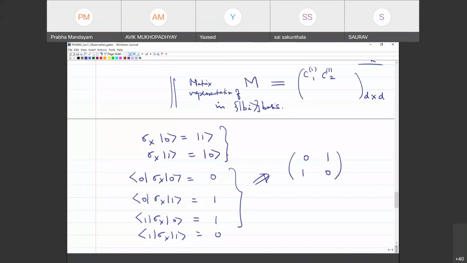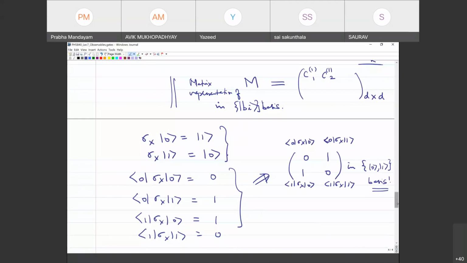So what I am writing down for sigma x is the matrix representation in the 0, 1 basis. This is 0|sigma x|0, this is 0|sigma x|1, this is 1|sigma x|0, and 1|sigma x|1.